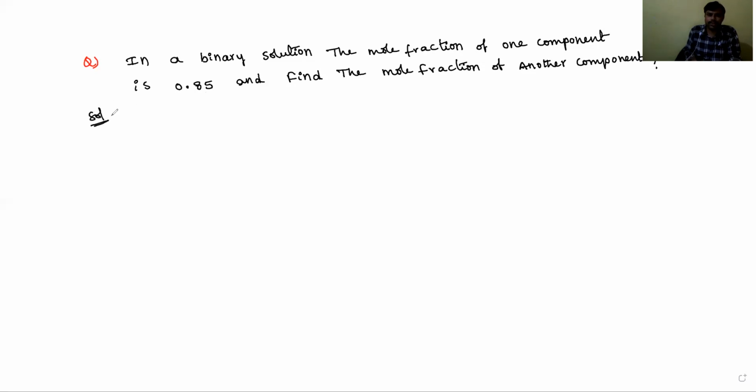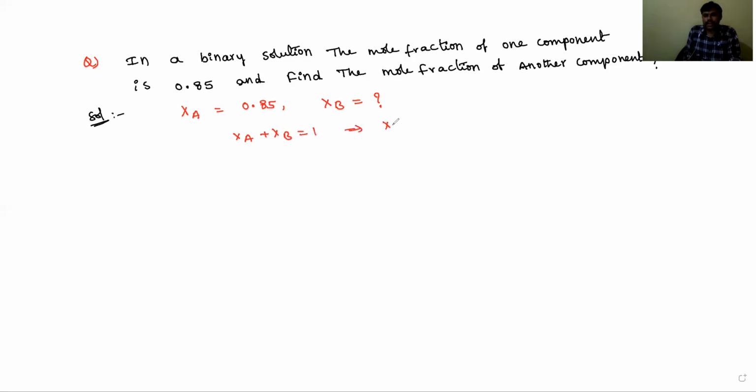We already know that the sum of the mole fractions of all components is equal to 1. Let the mole fraction of the first component XA be 0.85, and XB, the mole fraction of the second component, we need to find. We know XA plus XB is equal to 1.